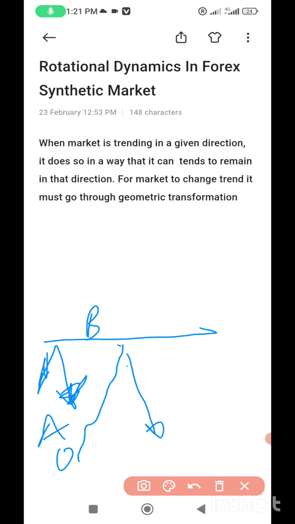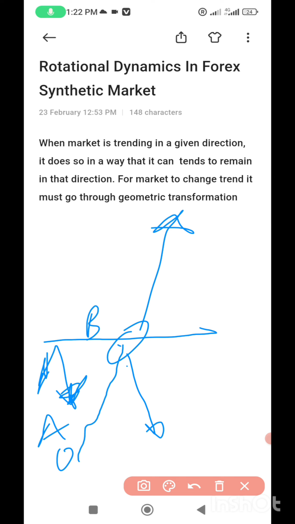Maybe 80% of the control of this path is what is within it, while the remaining 20% is subject to external structural events. So as price approaches this point, your probabilistic expectation should be that it continues going up rather than going down. That's the idea I'm trying to bring in this video.